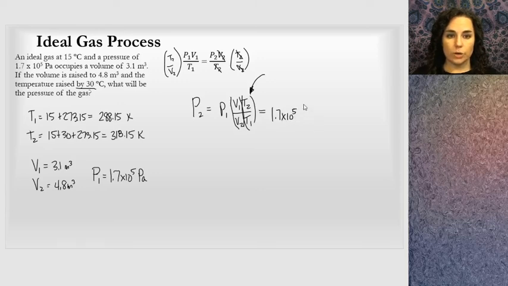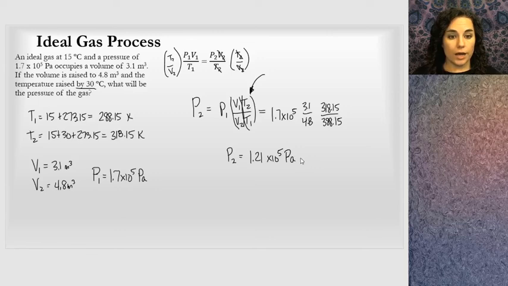I have a ratio of the first volume over the second volume, so I have 3.1 over 4.8. And then I have a ratio of the second temperature over the first temperature. So I'll go 318.15 over 288.15. When I run this through the calculator, I get P2 is 1.21 times 10 to the fifth pascals.